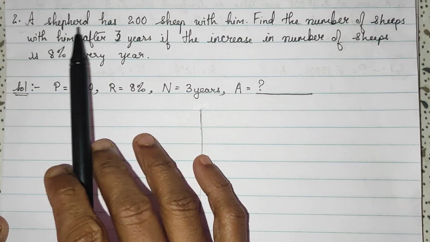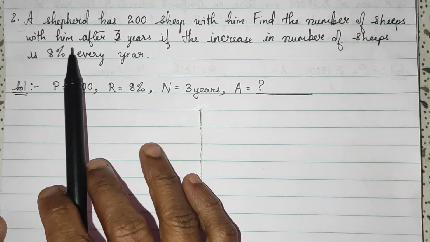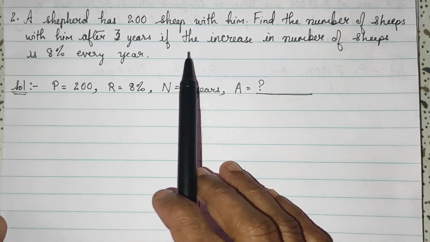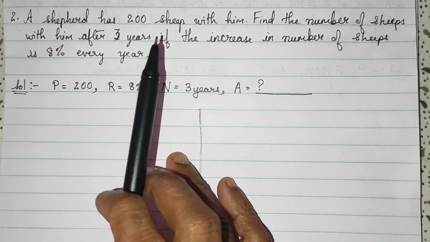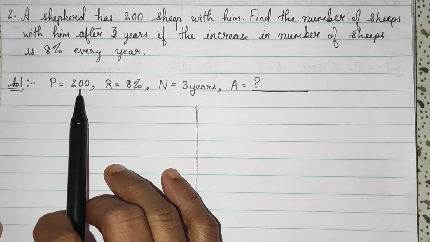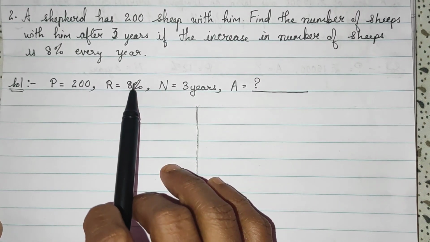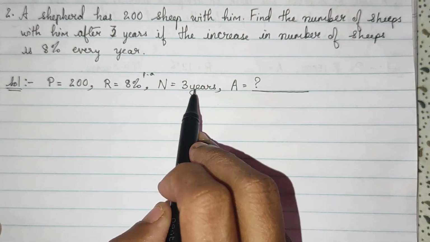Second question. A shepherd has 200 sheep with him. Find the number of sheep with him after 3 years, if the increase in the number of sheep is 8% per year. So here principal is 200 and rate of interest is 8% per annum and number of years is 3 years.